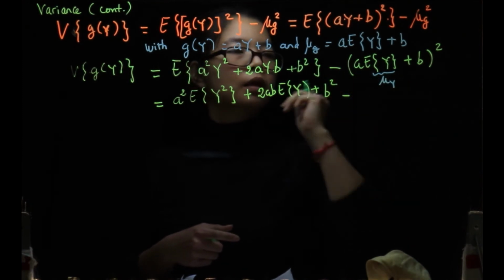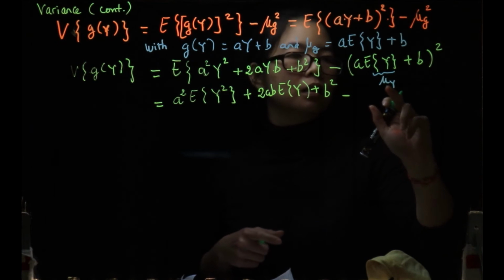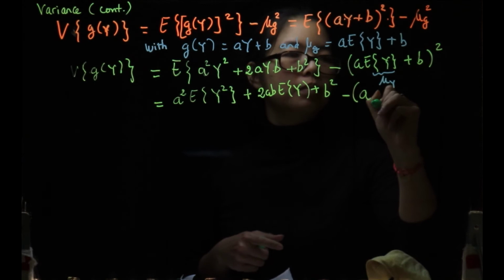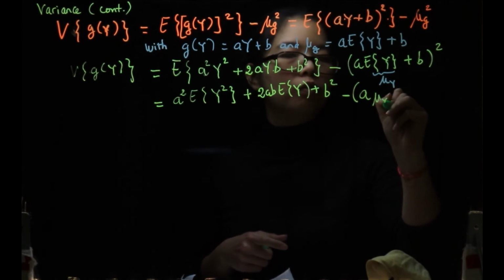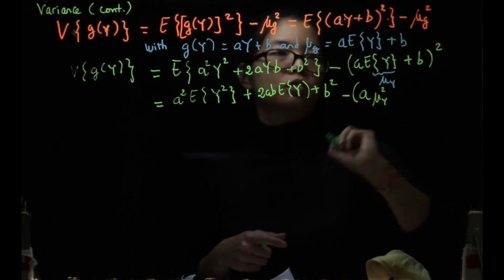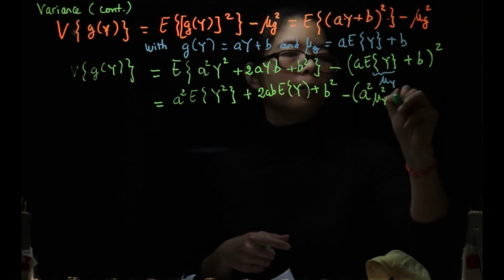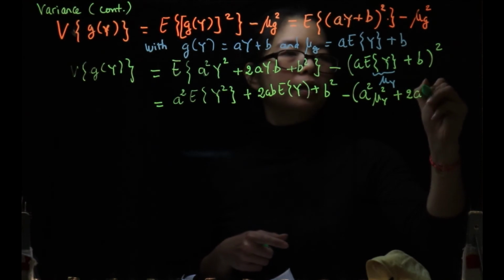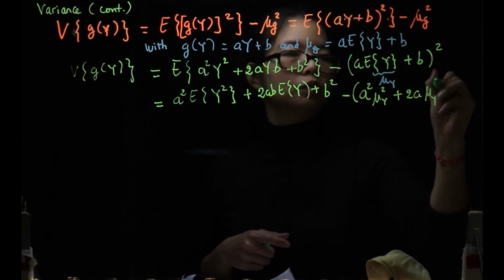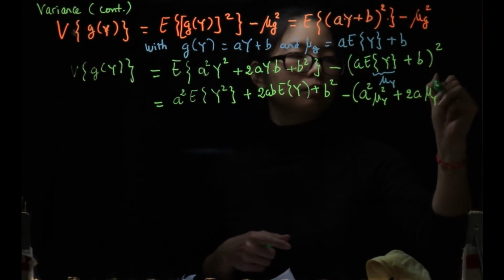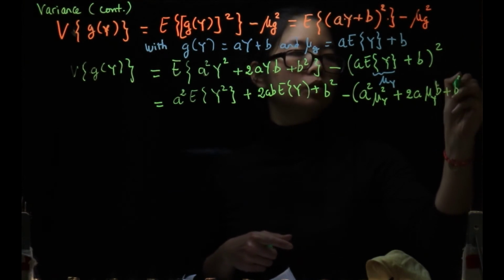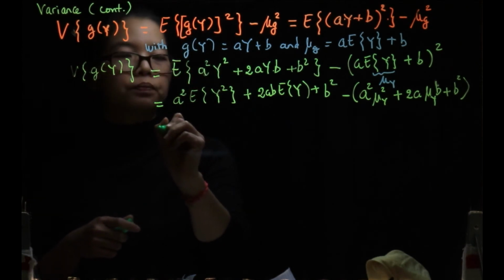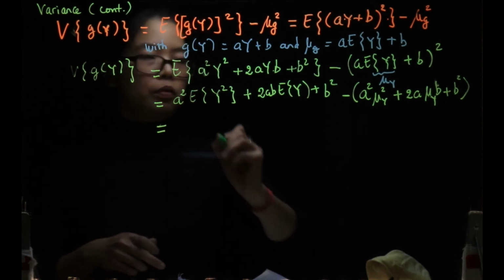Minus, now let's have this as a times mu y, squared, a square sorry, plus 2ab mu y plus b square. Everything's still in the bracket. Now you have to pay attention to those brackets, otherwise you get the wrong algebra.